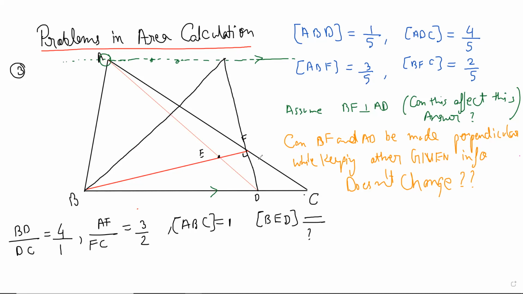Yeah, because the F will change. If you want to keep F the same, then this will not be 3:2, right? It will change. It will not remain the same, because this is not parallel. So my technique is wrong.